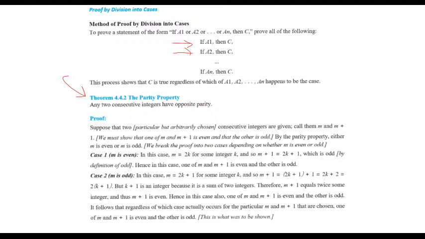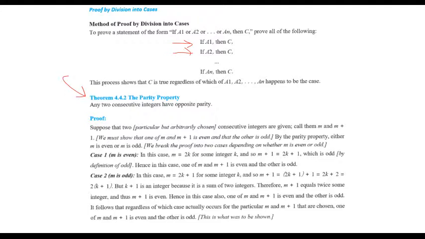The theorem is called the parity property. Any two consecutive integers have opposite parity. So let's prove this. We know that we have two consecutive integers. So two consecutive integers are given, right? For example, m and m plus 1.